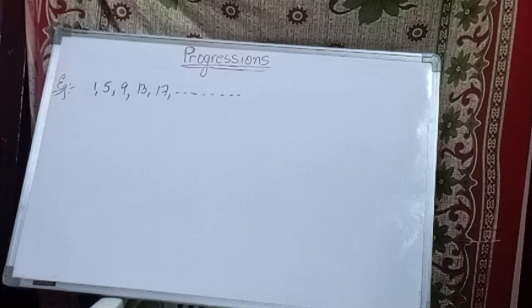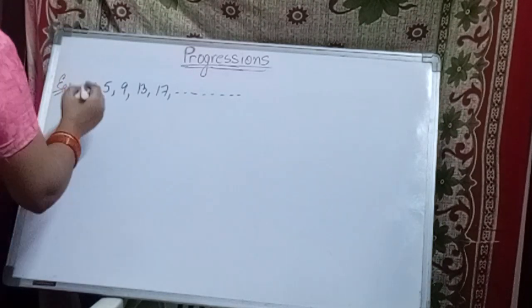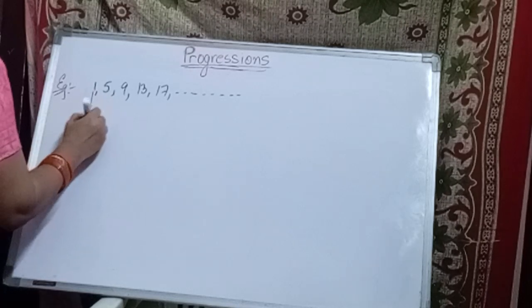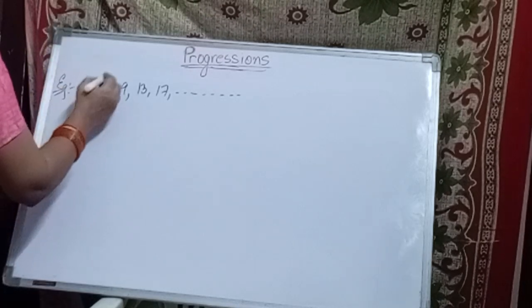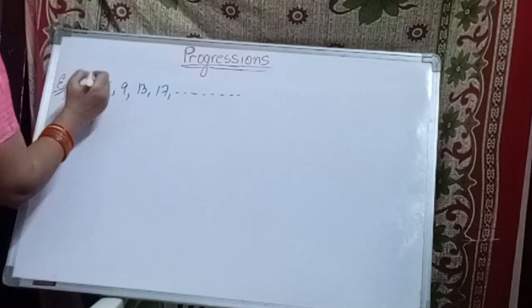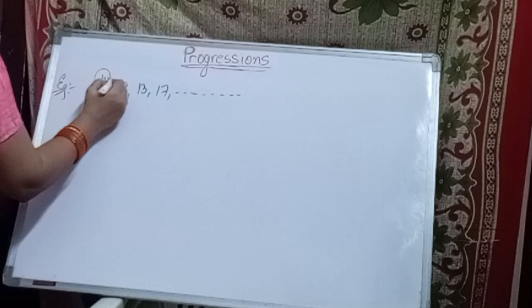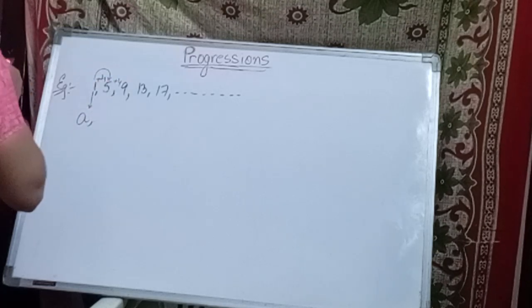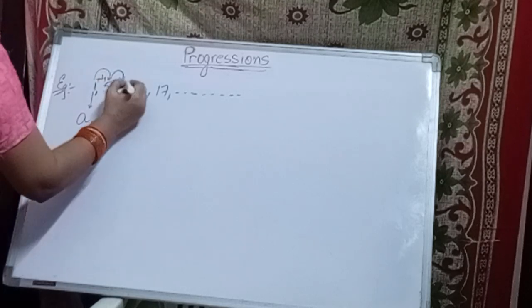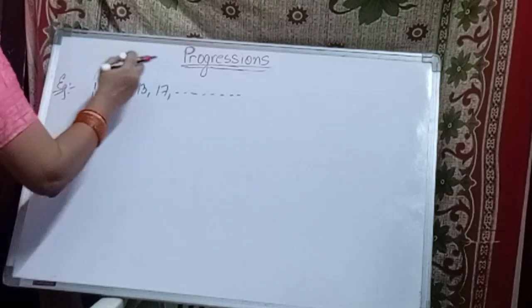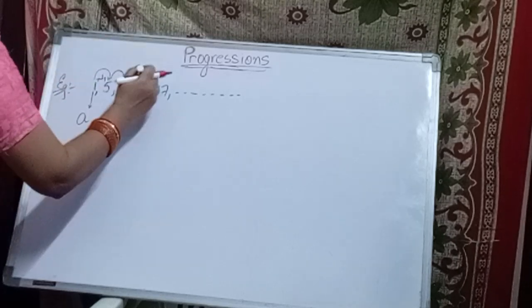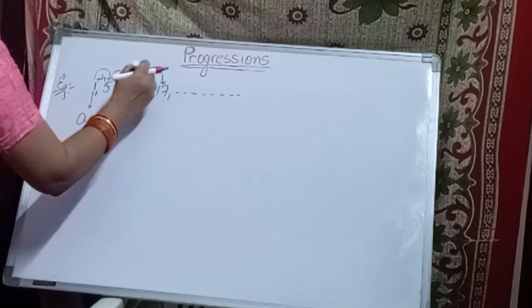Okay, here, how are we getting each term? We add 4 and get 5, again plus 4 you get 9, again plus 4 you get 13, again plus 4 you got 17, right?